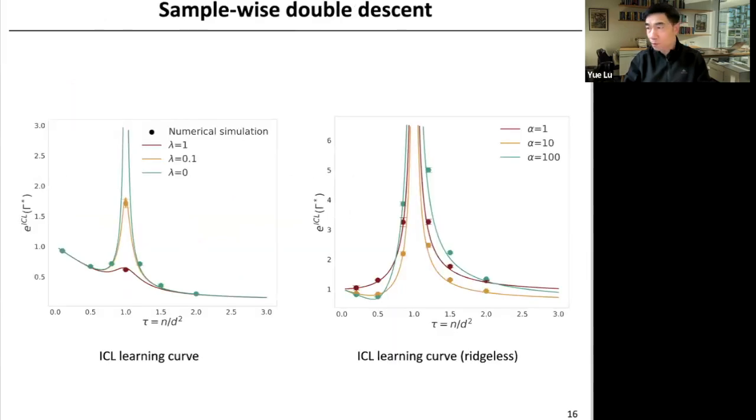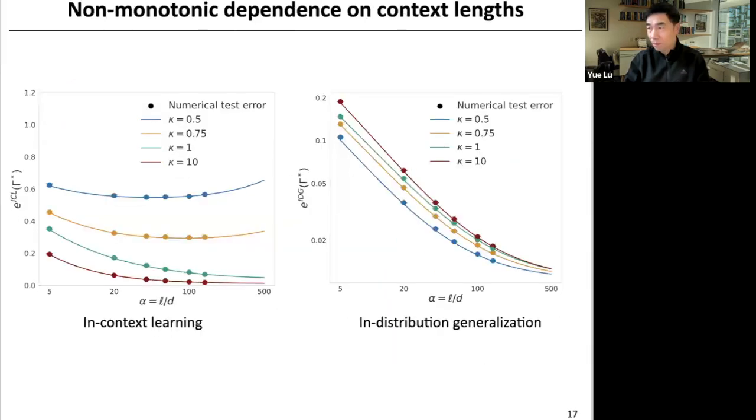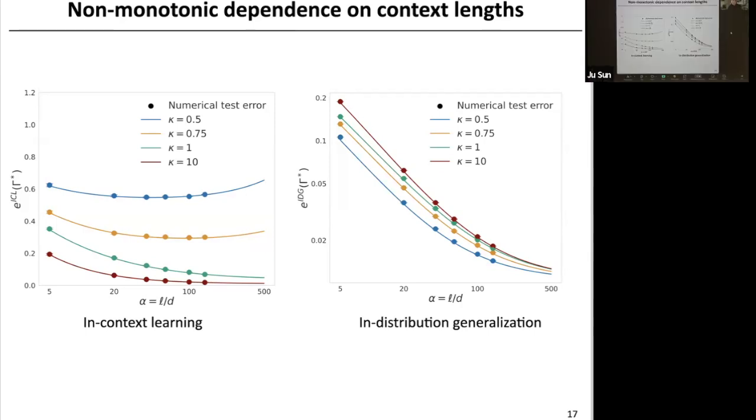But we were not so sure whether this phenomenon of non-monotonicity is an artifact of the linear attention model, or whether it is also a general phenomenon that would even appear in nonlinear architectures. So we didn't look too much further into this. Thank you. Right. Other questions?